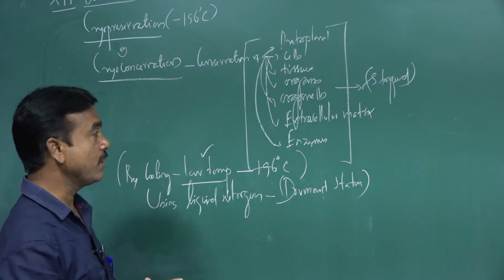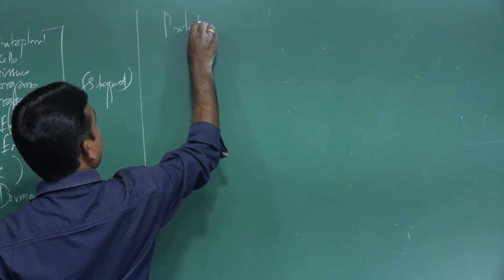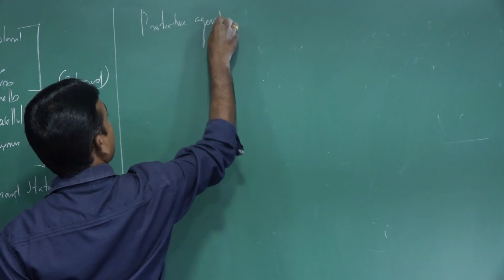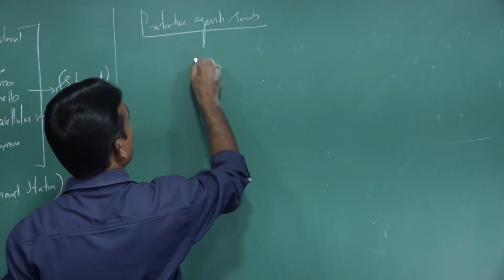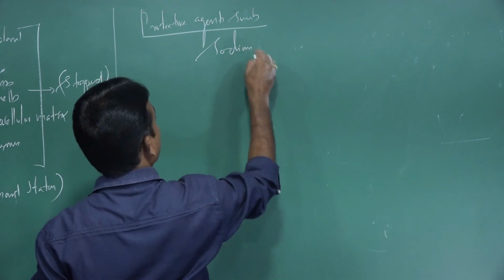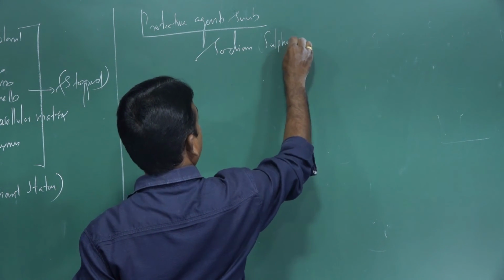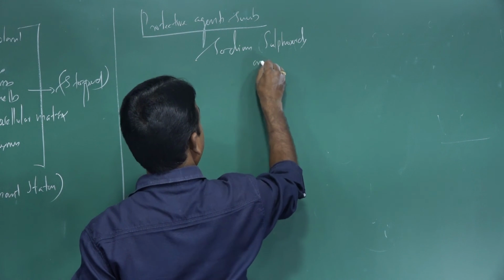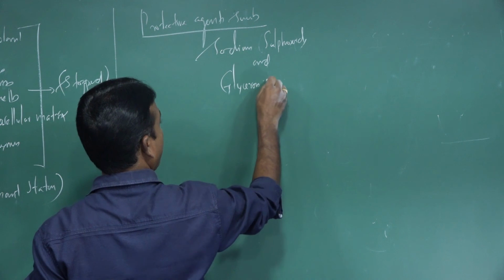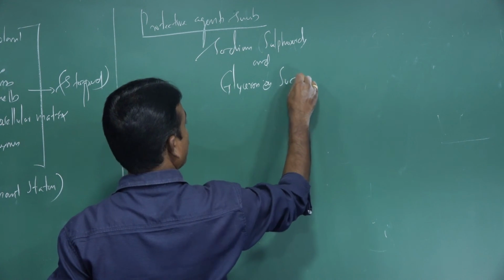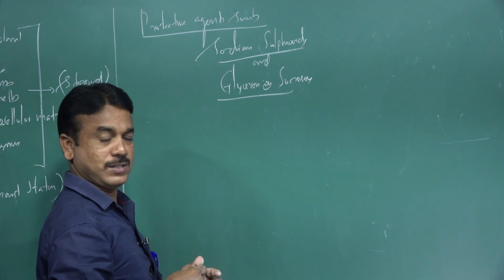The protective agents such as dimethyl sulfoxide, glycerol or sucrose are added before the preservation process.